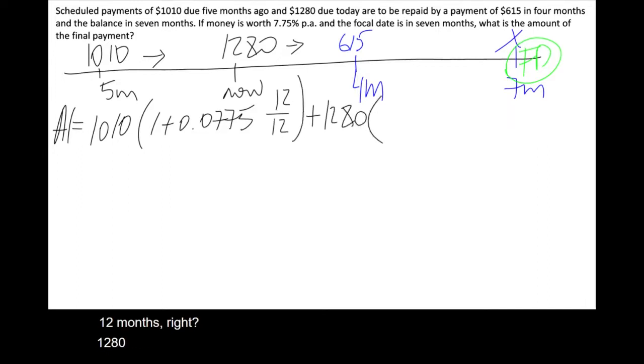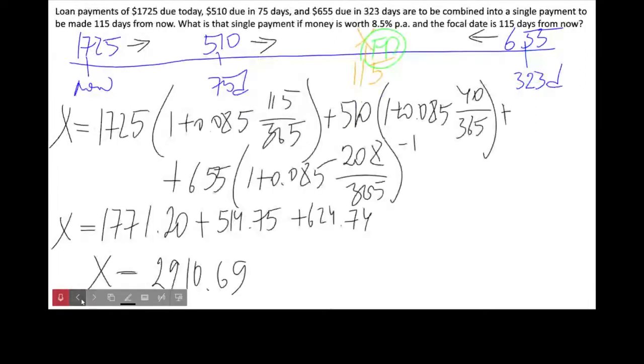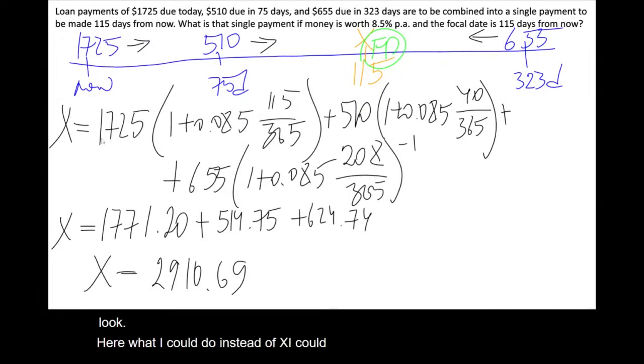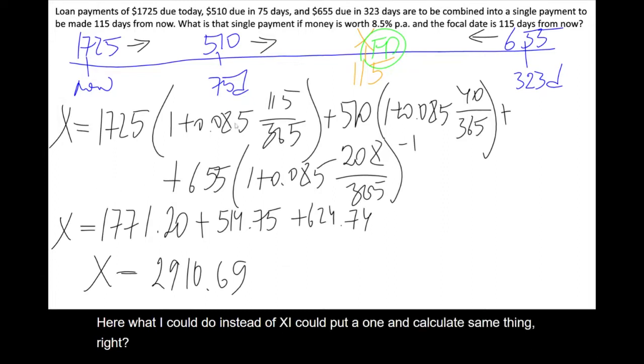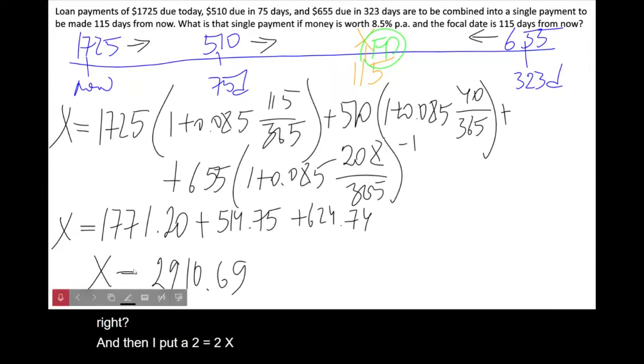1280. So how come in this one you're doing two different equations? Why aren't you adding all of them together? Well, look, here what I could do, instead of X, I could put A1 and calculate the same thing. Then I put A2 equals X and make them equal.